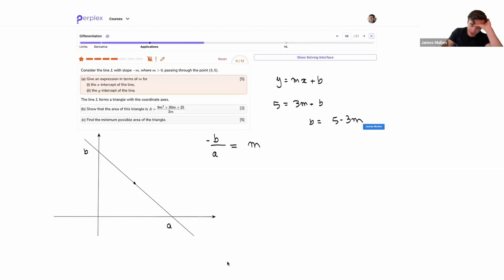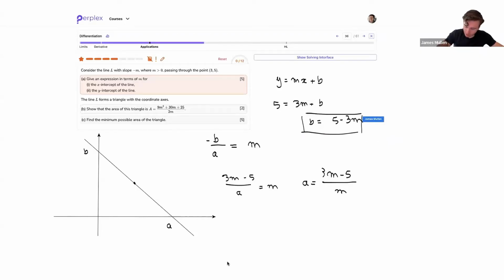And that's helpful because now I can say that 3m minus 5 over a is equal to m. And so a is equal to, I just multiply both sides by a and divide by m, 3m minus 5 over m. Those are my two answers for part A: 5 minus 3m for b, and 3m minus 5 over m for a.